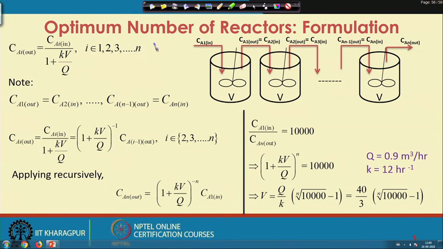So, this was the design equation, Ci out equal to Ci in divided by 1 plus kV by Q. Now, you understand that the outlet concentration of a CSTR is the inlet concentration to the next CSTR.